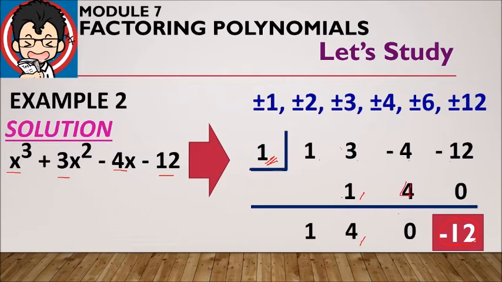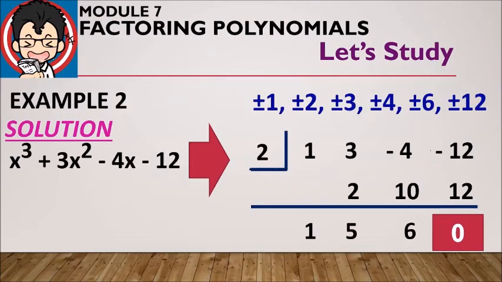Negative 4 plus 4 is 0. 0 times 1 is 0. Okay, so negative 12 nga. So anong ibig sabihin nito? Turns out that the remainder is not equal to 0. So ayun na nga, by definition of factor theorem, x minus 1 is not a factor. Okay? So hanap pa tayo.